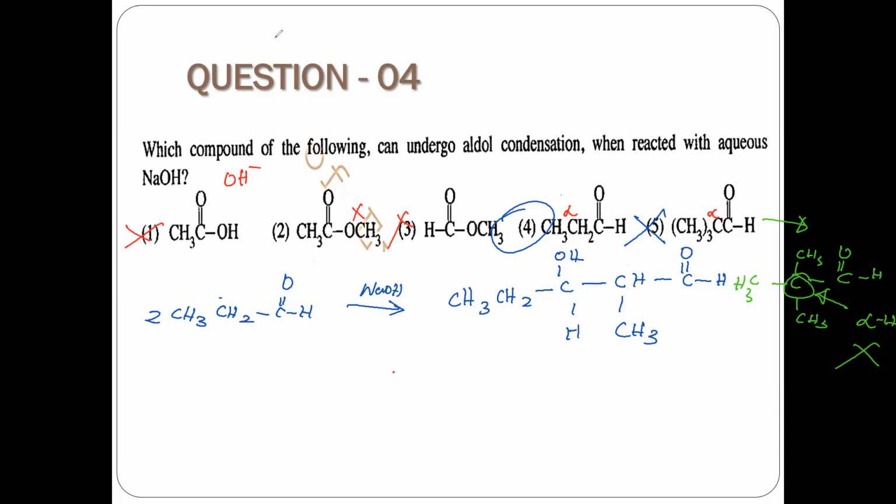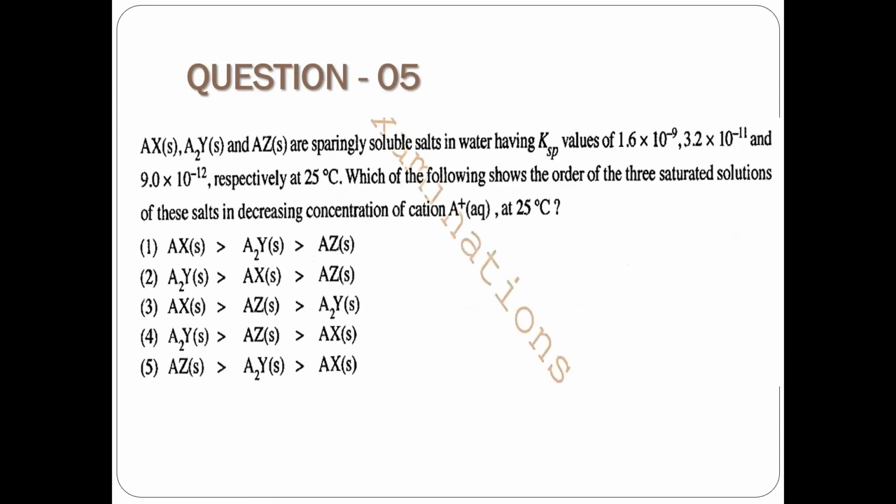Let's move on to the final question of this quiz, number 5. Here we are talking about the solubility product. AX solid, A2Y, and AZ are sparingly soluble salts in water, having the Ksp values given, respectively, at 25 degrees Celsius.